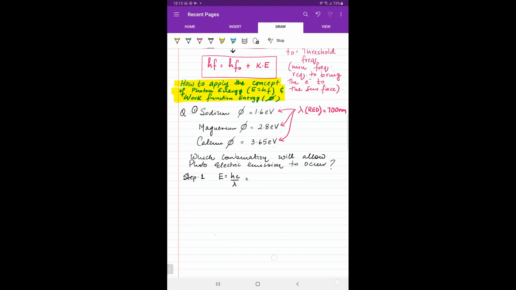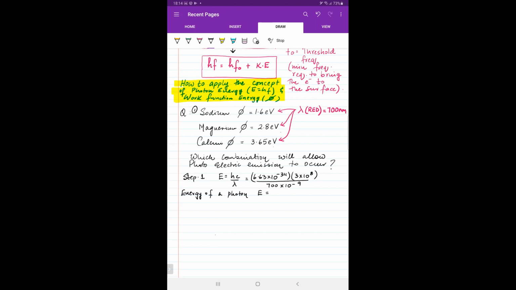So if I apply the numbers, the answer which I'm getting refers to the energy of a photon belonging to red light, whose wavelength is 700 nanometers.